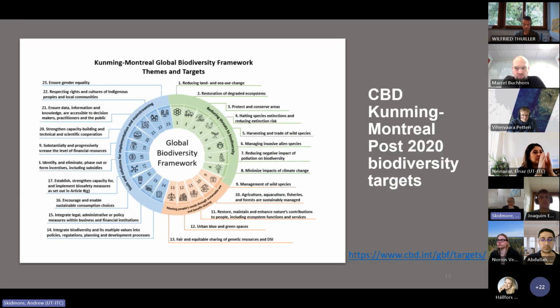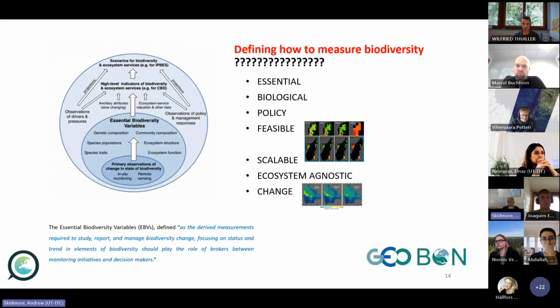And since 2020, post-2020, so Aichi went from 2010 to 2020, the CBD Kunming-Montreal post-2020 biodiversity targets have been reworked, and we've now got an updated framework of themes and targets to work with. But we still have this problem, actually, how to define and how to measure biodiversity.